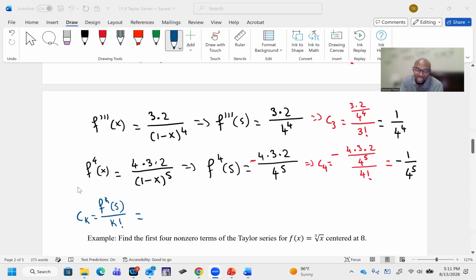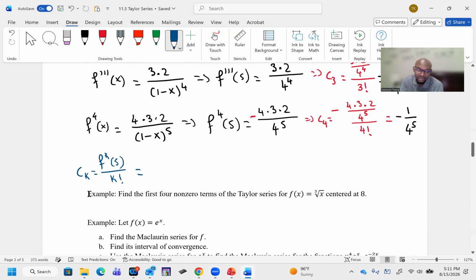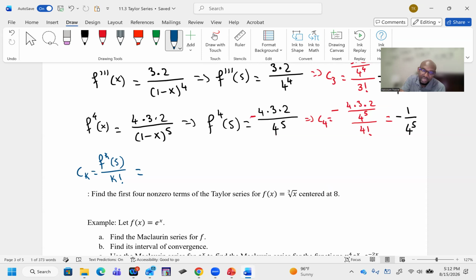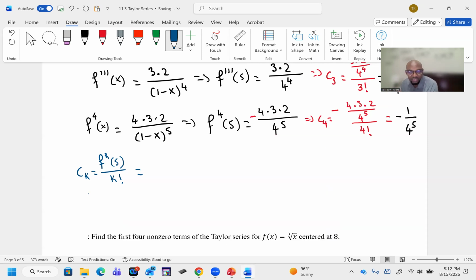So that's why, again, my C sub k will be negative 1 to the power of k plus 1 divided by 4 to the power of k plus 1, okay, for k is 0, 1, 2, 3, and so on.